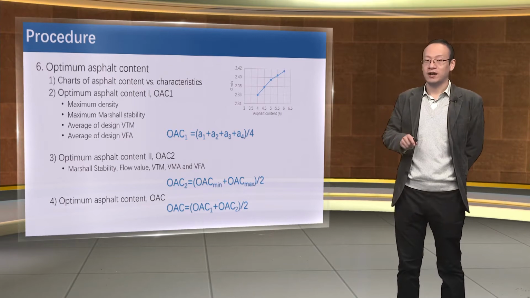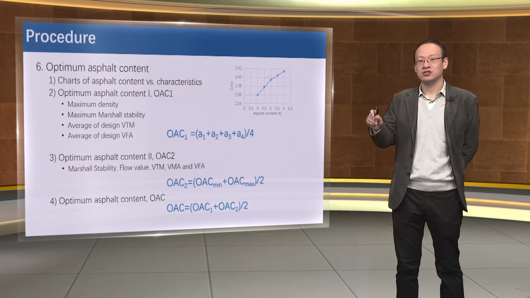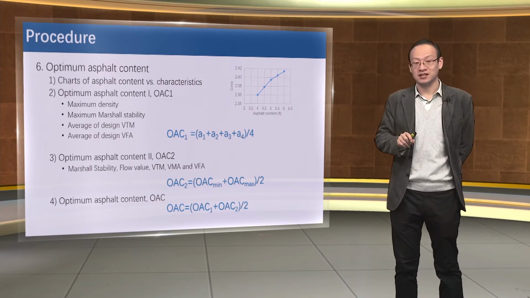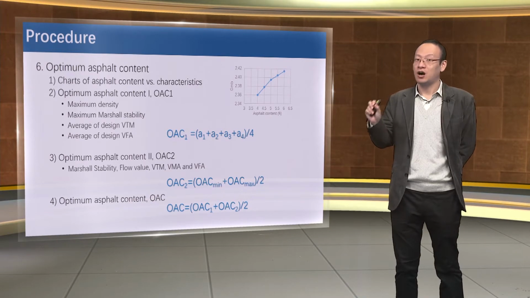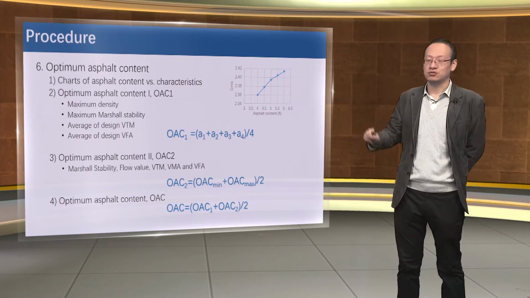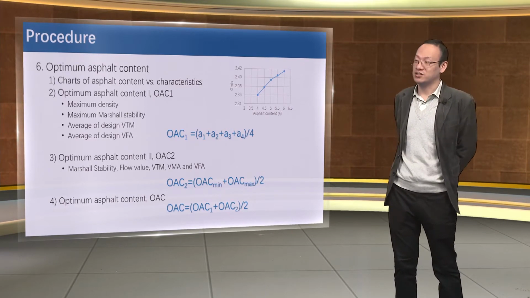Thirdly, we find OAC2, which is the average of the range of asphalt content that satisfies all the performance requirements. And the fourth step is to find the final OAC, which is the average of OAC1 and OAC2.